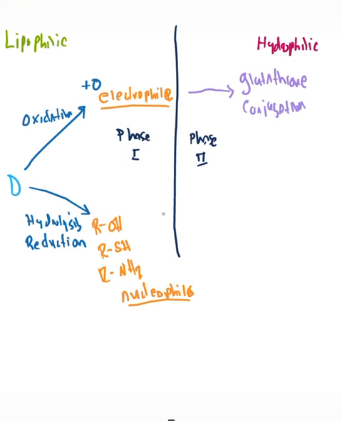Now, down here, there are several things that can happen. We can, for example, do sulfation. All right, we can do sulfation here. We can add a sulfur group.